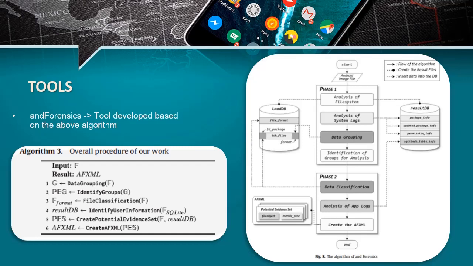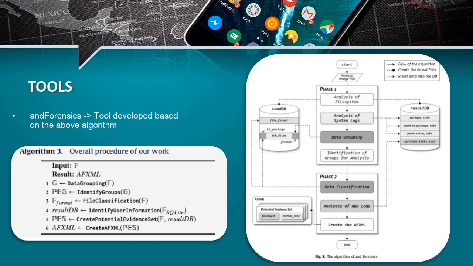Now we will see the results of algorithm number 3, which is demonstrated in this slide. You can see, as I have already explained, the input and the result. First of all the input is data grouping, and next is PEG, identify the groups, and then after identifying, the file classification is done.